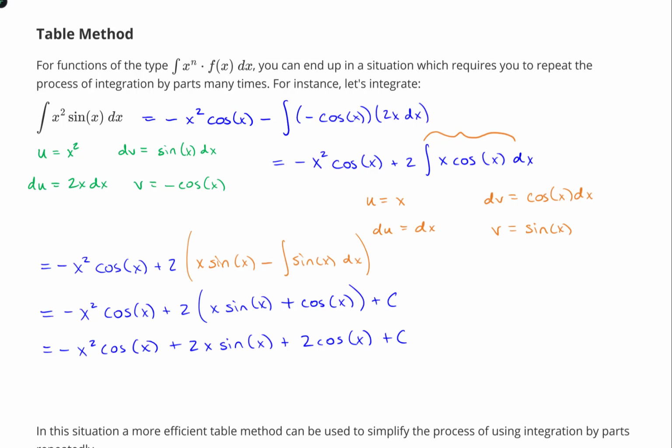And that's what's known as the table method. You wouldn't necessarily use the table method for integration by parts if you only had x times sine x, for instance, but you could. It would just be a little bit overkill.